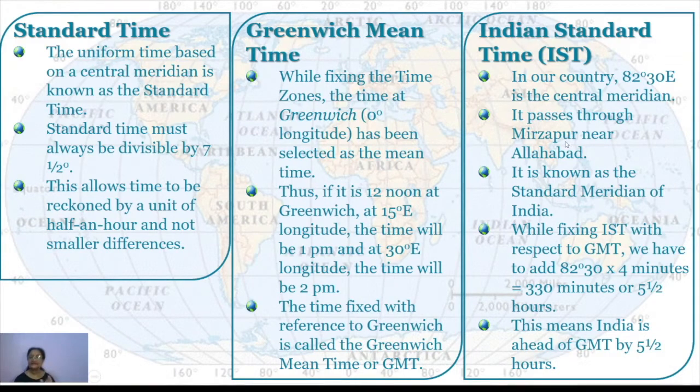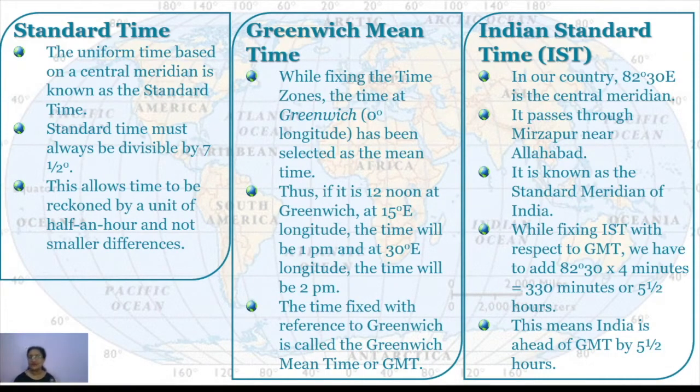It is known as the Standard Meridian of India, and the time of this meridian is called Indian Standard Time. And it is always found that the Indian Standard Time is always 5.5 hours ahead of Greenwich Mean Time.